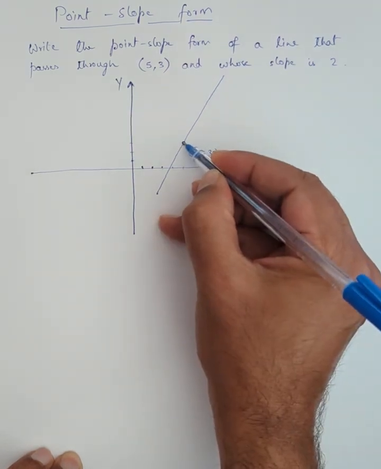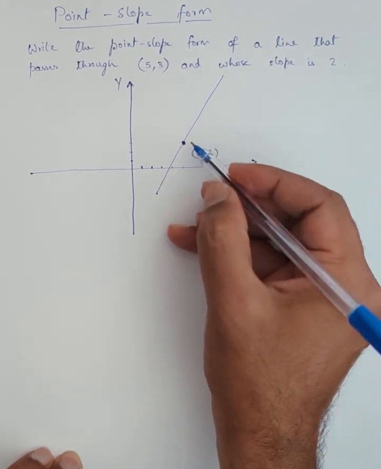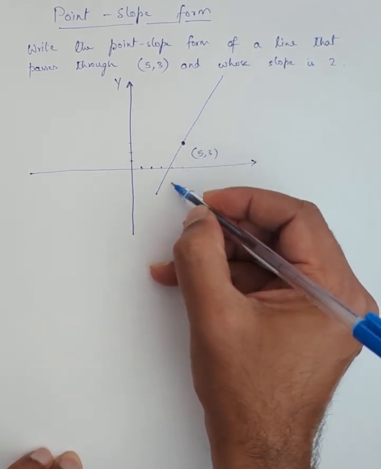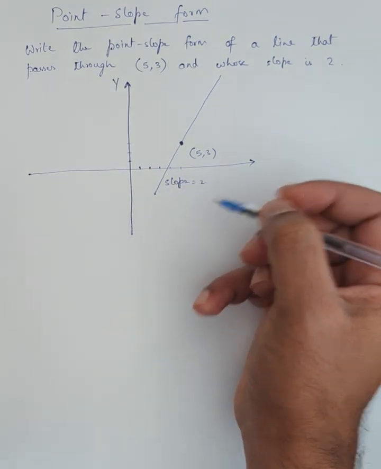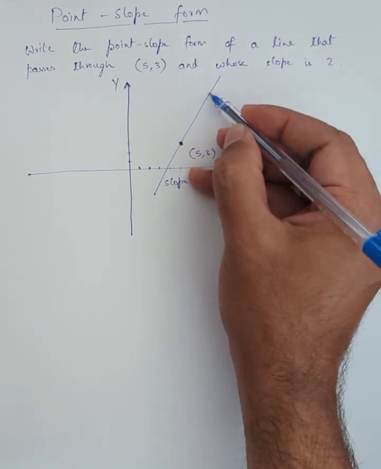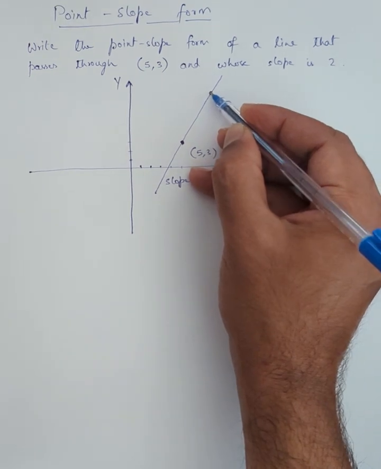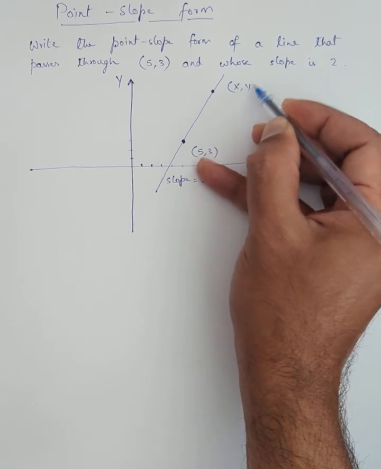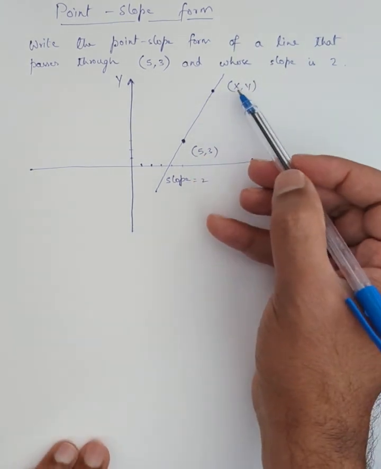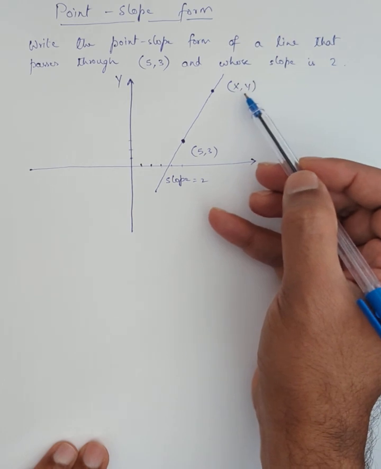So what I know is that this line passes through this point 5, 3, and it has a slope equal to 2. And what I'm trying to do is find, if I pick any point, call it x, y, a relationship between the x and y values.